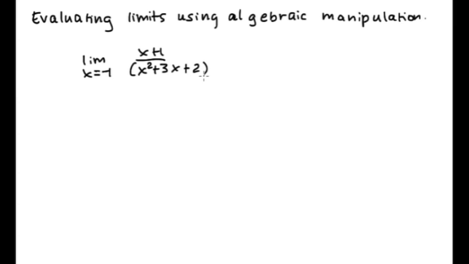Alright, so the first step you always do when you're evaluating limits is to try direct substitution. Because sometimes you don't get an indeterminate form, which is 0 over 0.